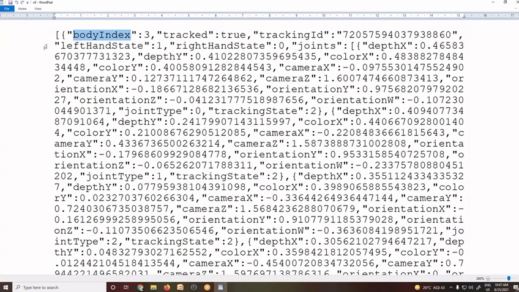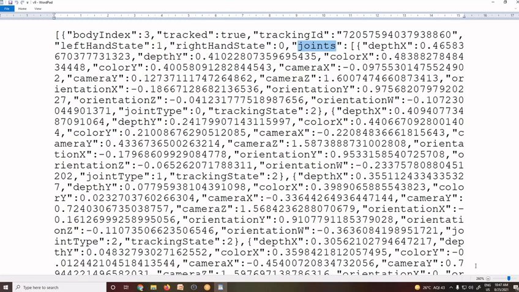Tracking status 2, we have left hand state, right hand state. Then we are reading joint by joint values. As the human body has 25 joints, we will have 25 values first, then second, then third, and if the sampling frequency is 119 Hz, you will have 119 samples in 1 second.